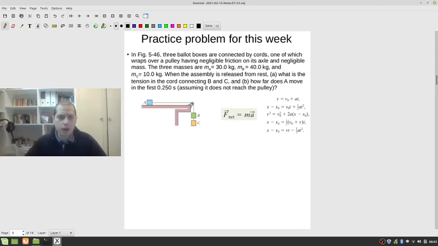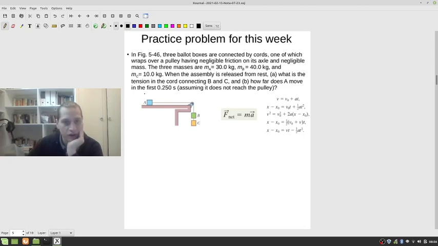So here's a problem I gave you on this coming week's homework. Not due today, due 1 week from today. Let's take a quick look at it. It says in figure 5.46, 3 ballot boxes are connected by cords, one of which wraps over a pulley having negligible friction on its axle and negligible mass.